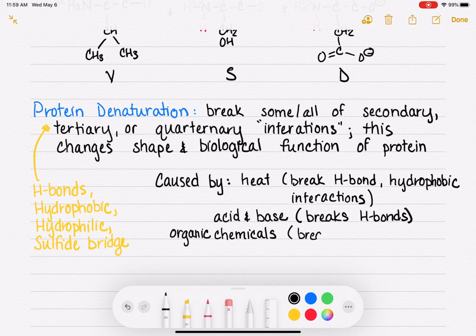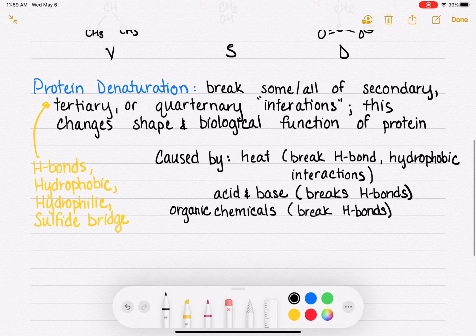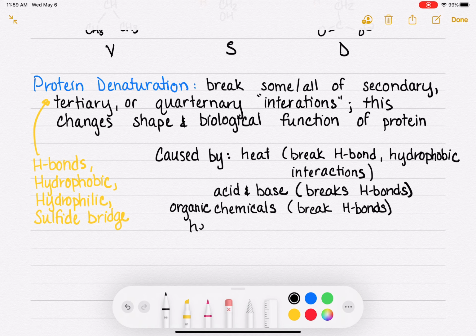This breaks hydrogen bonds. Heavy metals. Some of the metals that are heavy in terms of having a high atomic mass, like lead, poisonous, toxic, they break disulfide bridges.